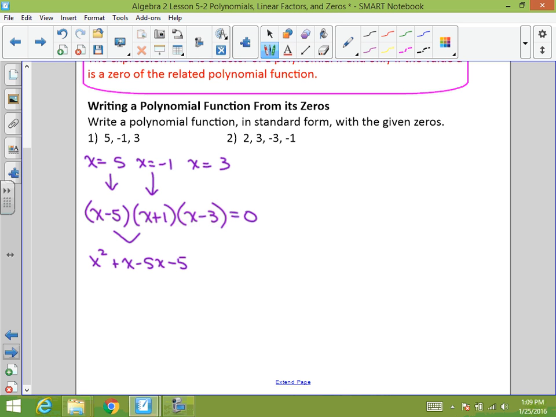So if you can't remember how to do that, that was x parentheses x plus 1 minus 5 parentheses x plus 1. And you would have gotten x squared plus x minus 5x minus 5, which simplifies to x squared minus 4x minus 5. And now we're going to multiply that by x minus 3.